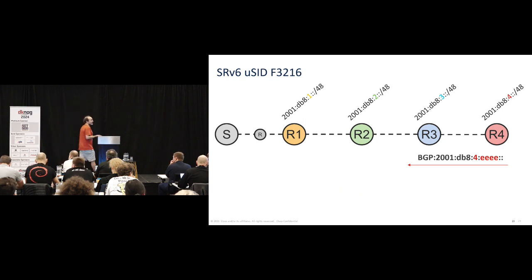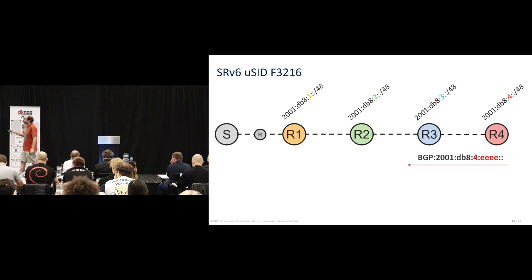This is basically the same network like before. I want the source, originating node, head end, whatever you call it, to send the packet to router 4, and it wants to make sure the packet goes through router 1, router 2, router 3. That's one thing, and it wants to make sure it is still compatible with all legacy routers somewhere in between, so it can go over a legacy IPv6 network.